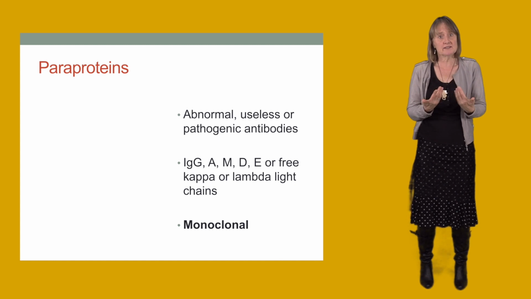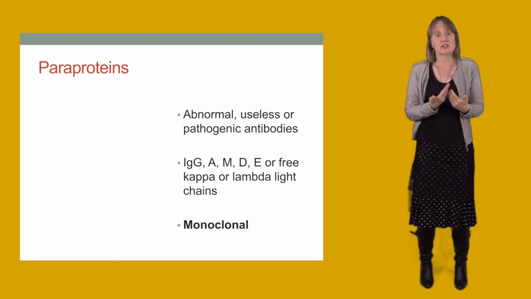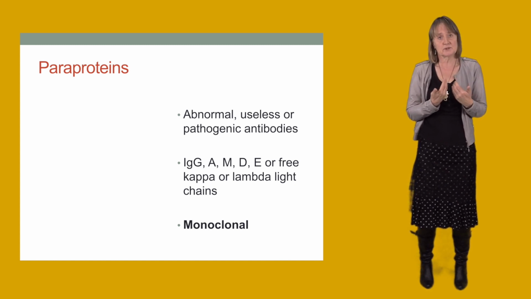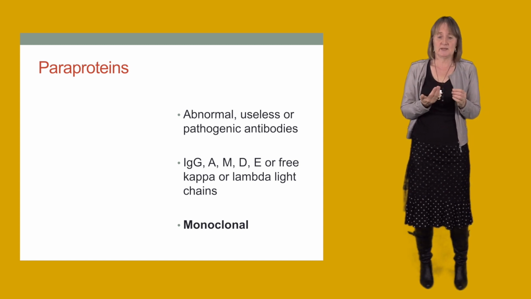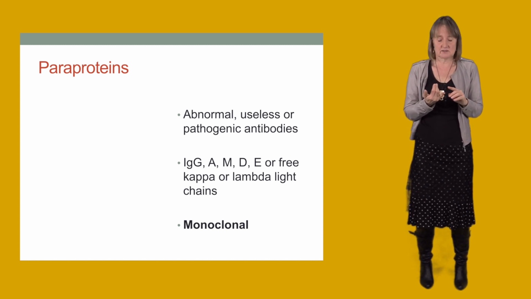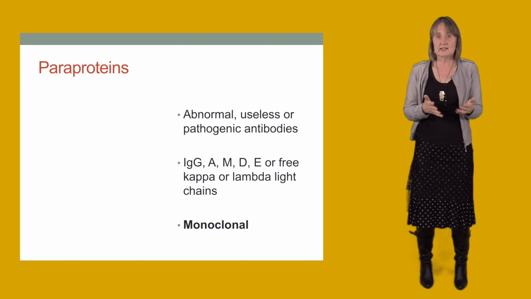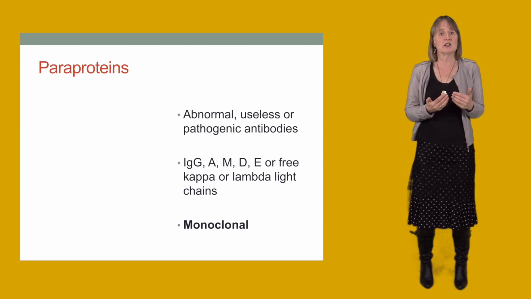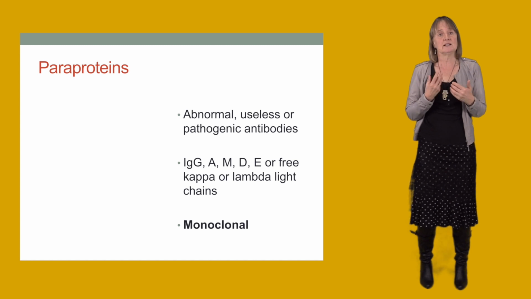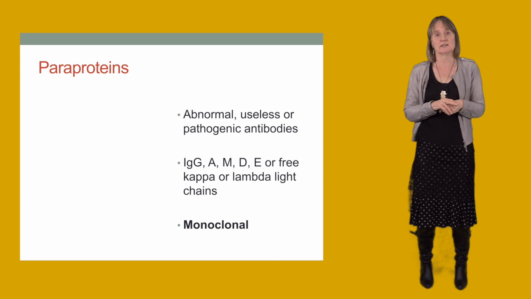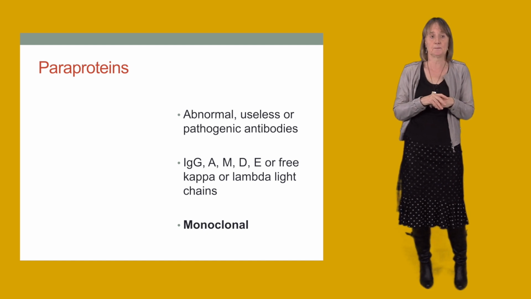They're often useless, but occasionally they can actually cause pathology. They can be any class, so they can be IgG, IgA, occasionally IgM, IgD or IgE, and they can be full antibodies or they can just be partial antibodies. And if that's the case, it will either be a kappa or a lambda light chain on its own.